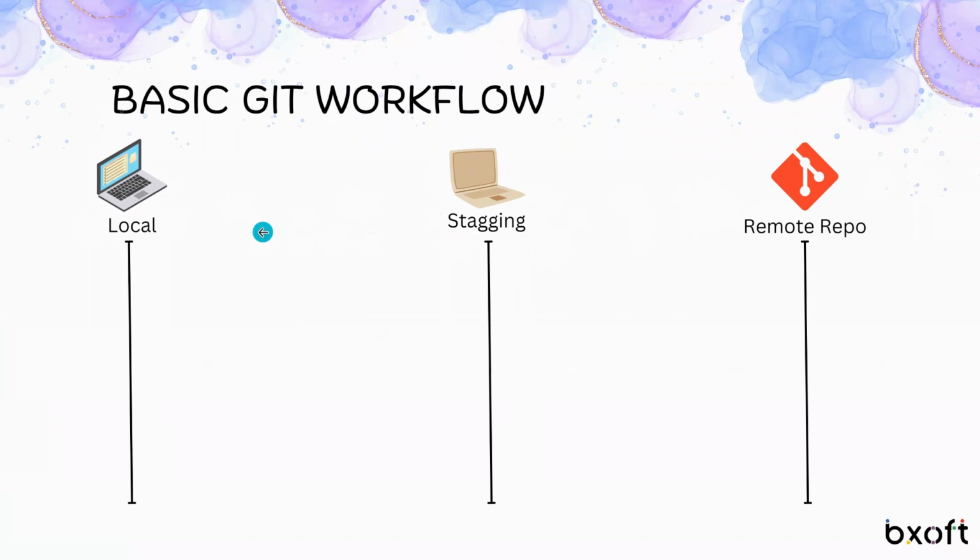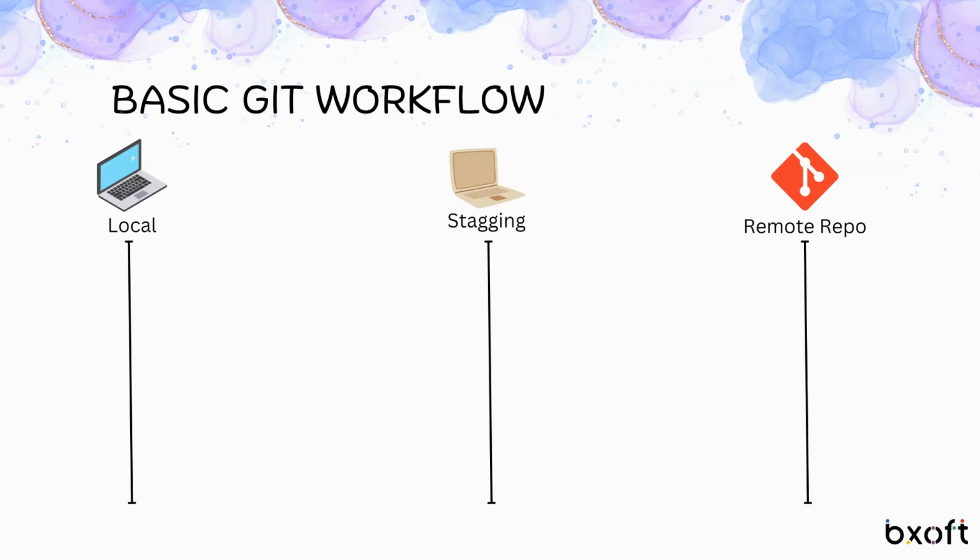If you are working on your laptop or your desktop machine, we call it the local setup or local machine. And what's the remote repository? GitHub, GitLab, and Bitbucket are examples of remote repositories. What is staging? Staging is the middle layer while working with Git.